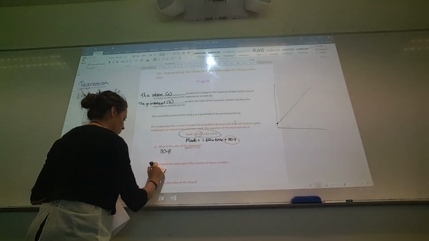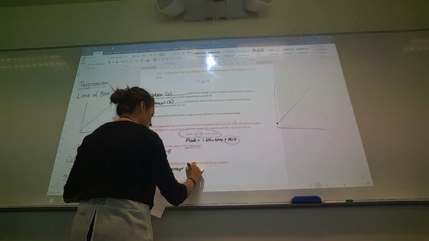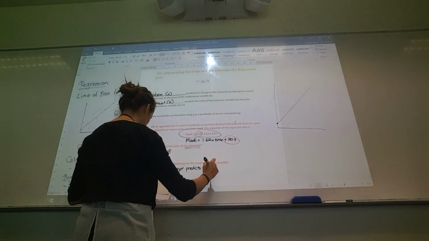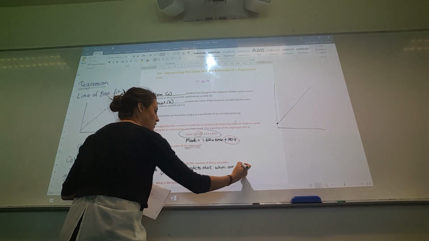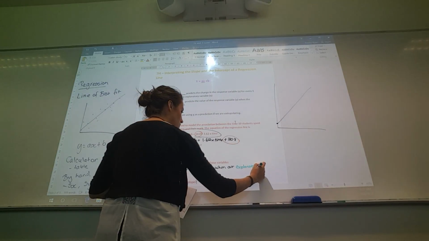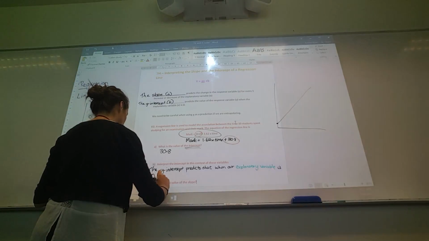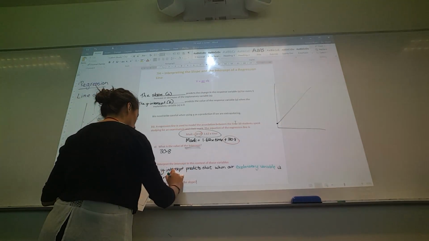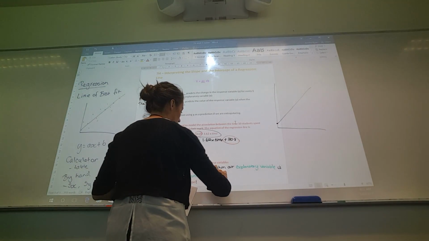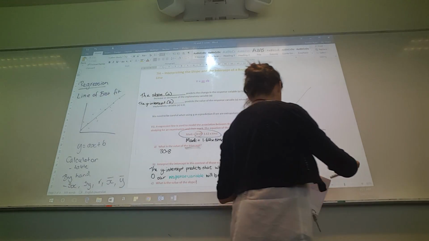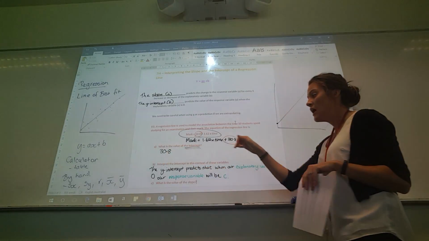All right, so we would have: the y-intercept predicts that when our explanatory variable is 0, our response variable will be B. So these things in green are the things you actually need to change when you're writing your answer in relation to a question. So this is just a generic sentence, and they're the things you need to change.